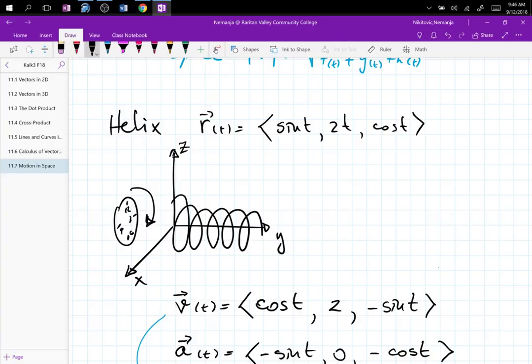Now, observe that your red vectors are velocity vectors which are consistent with the orientation of the motion. You see that parametric equations are very powerful, because you knew which way this rotates before you put any velocity vectors, because of the orientation and the progression through the parametric equations.